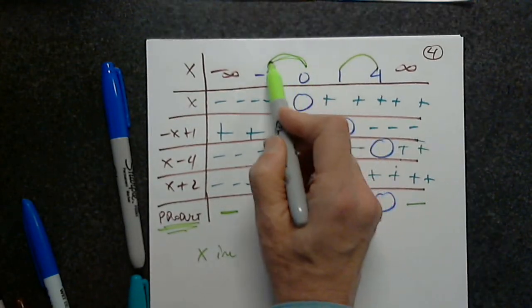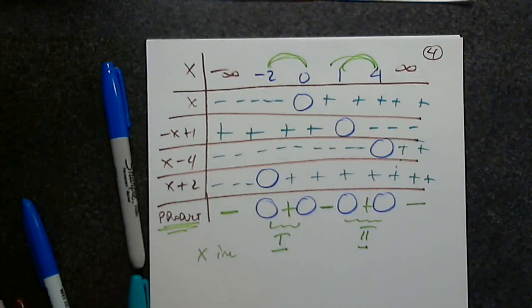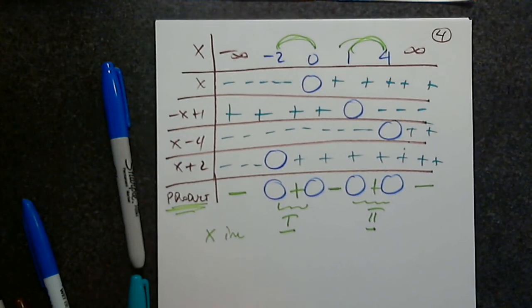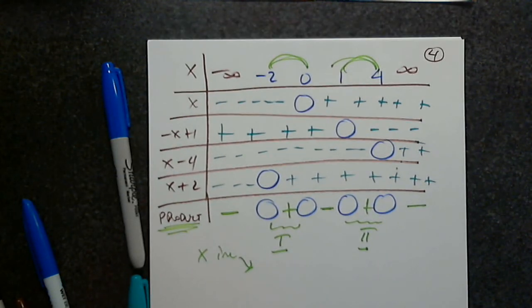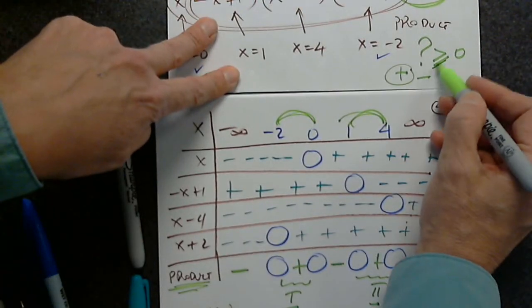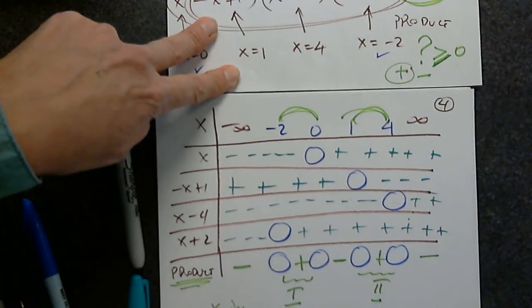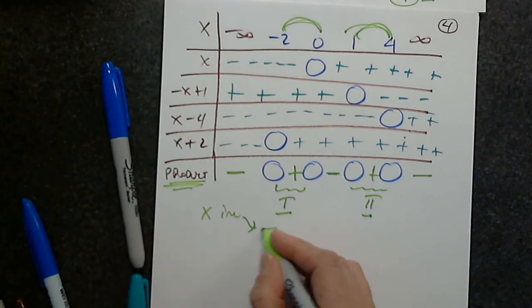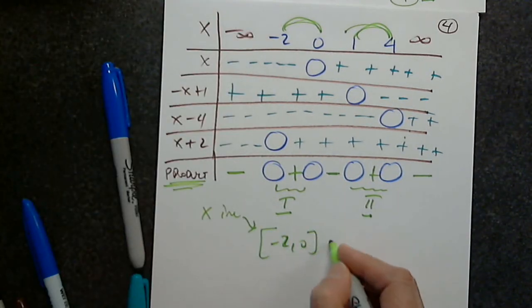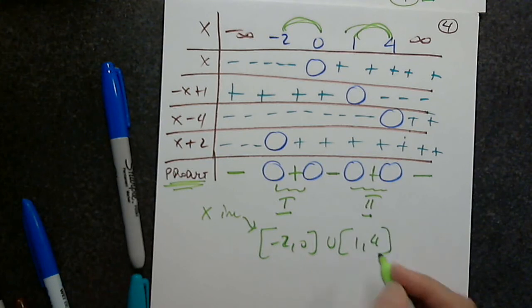But I'm asked to choose x that makes the product positive. So then x is in the interval. What interval? Since we have the equal symbol, we will also choose the zeros. So -2, 0, union 1, 4.